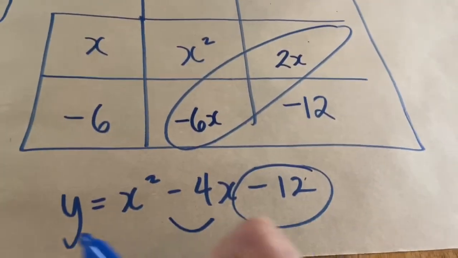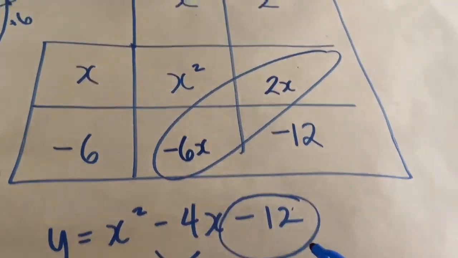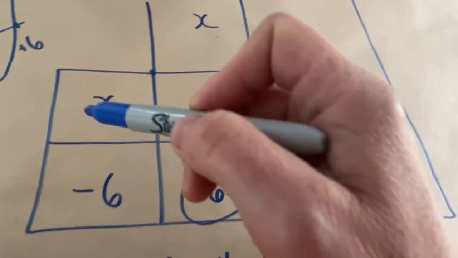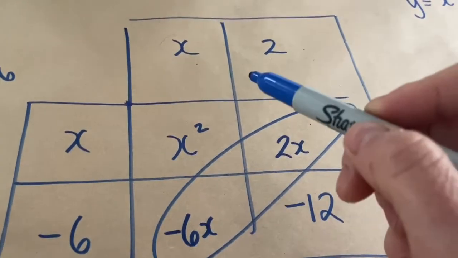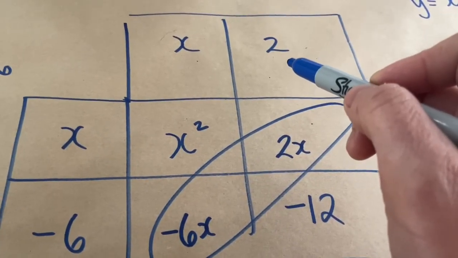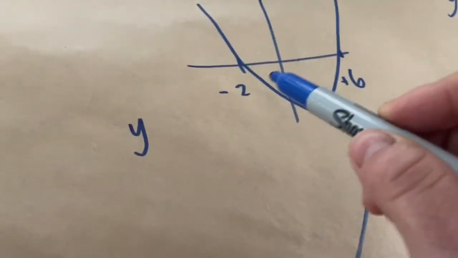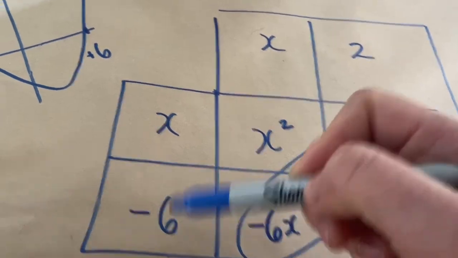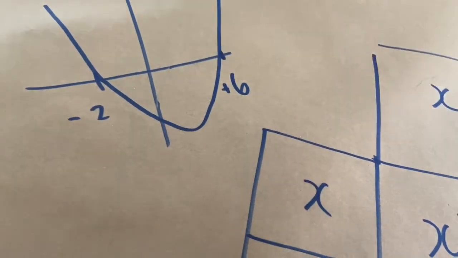So that means if this is my equation in standard form, then the equation in factored form is x plus 2, x minus 6. And that means that if the equation is x plus 2, I have one x-intercept at minus 2. And if the equation is x minus 6, the other x-intercept is at plus 6.